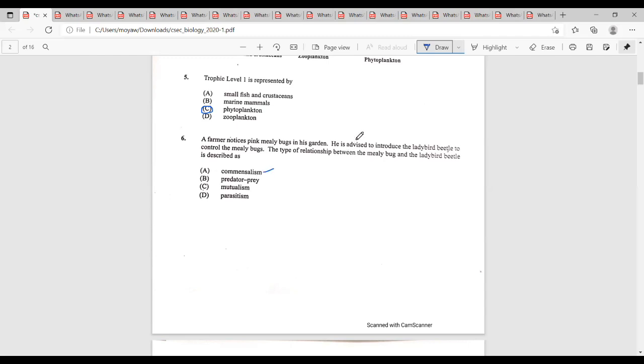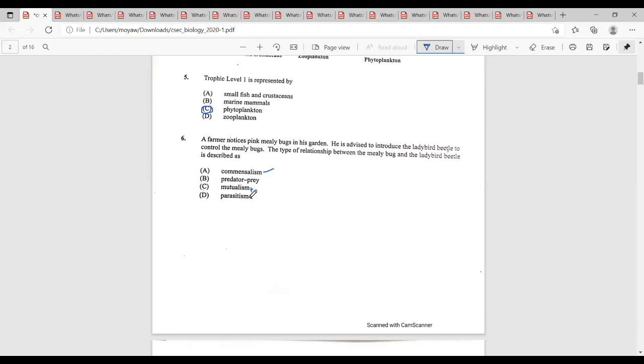Predator-prey relationship, as we know, we would have a predator, somebody who's eating another organism, and the prey, the organism who gets eaten. Mutualism is out of it because both of them have to benefit, and the mealybug is not exactly benefiting from the ladybird beetle relationship. So that's definitely out of it. Then parasitism now. We don't have any parasites here, don't have any hosts, so that's out of it.